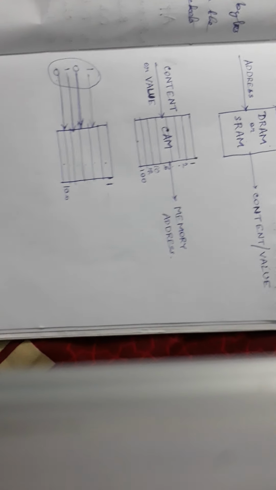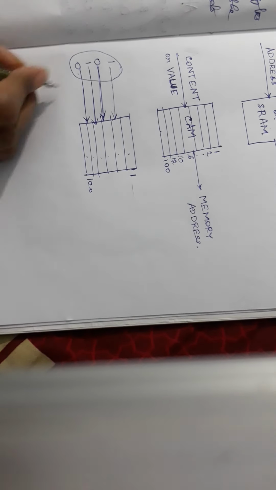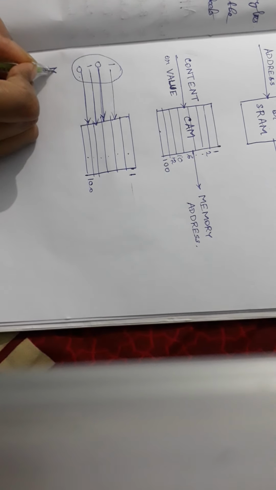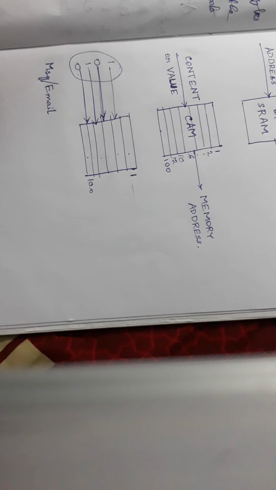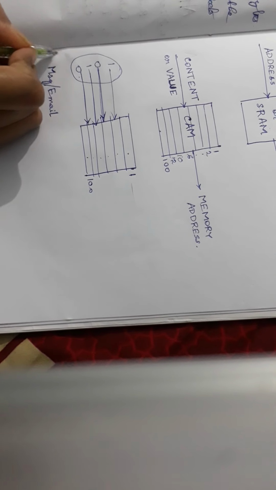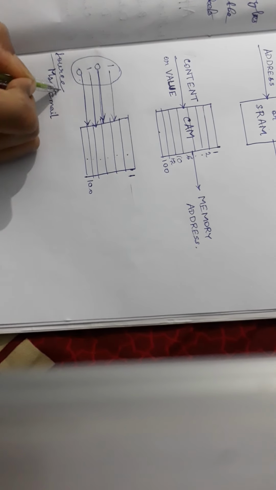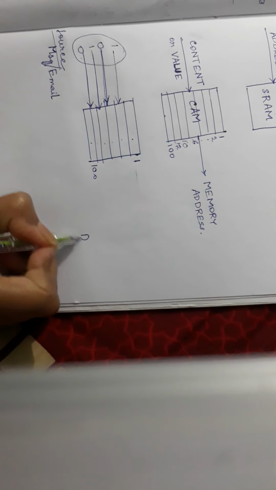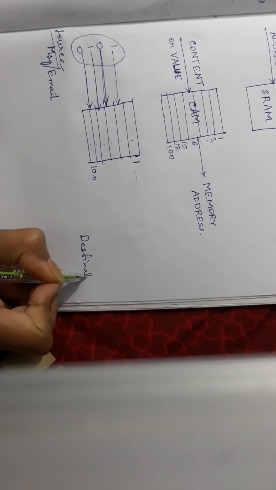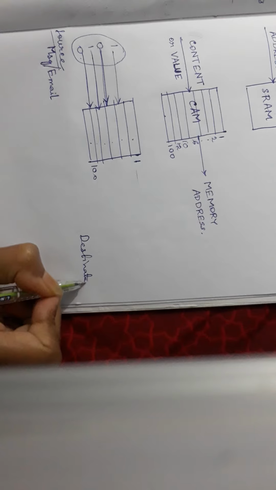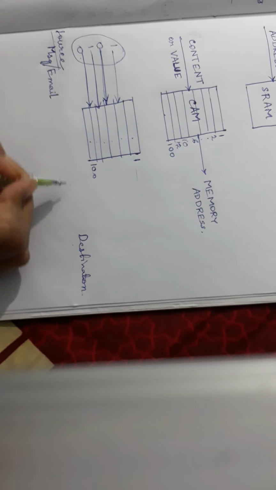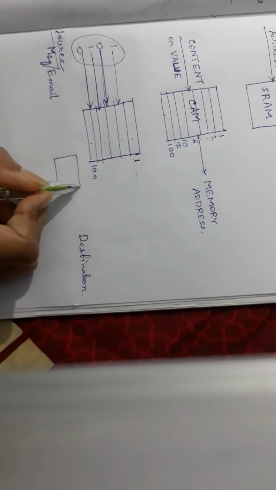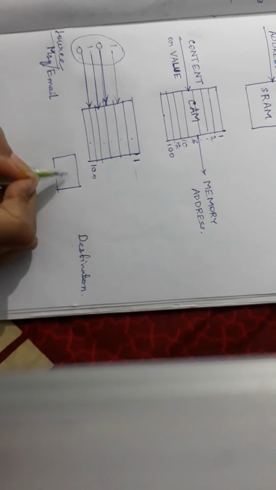Like if we want to send some message or some email from a source to a destination, then between the source and destination we have an intermediate node, that is the router.